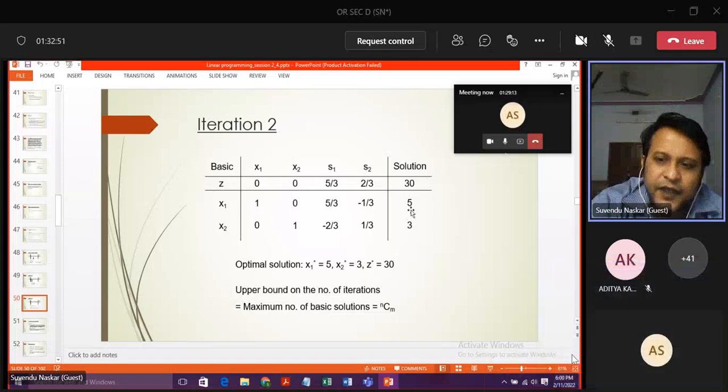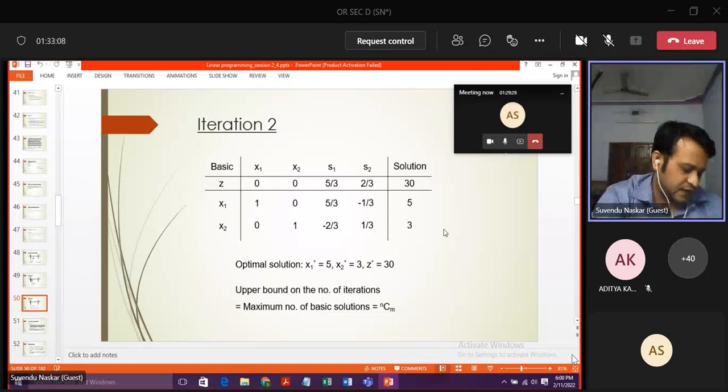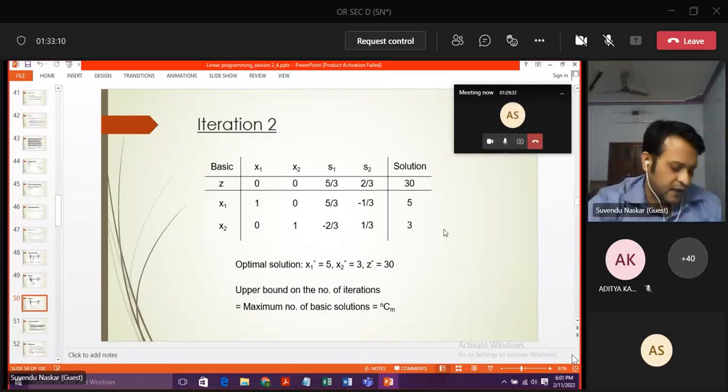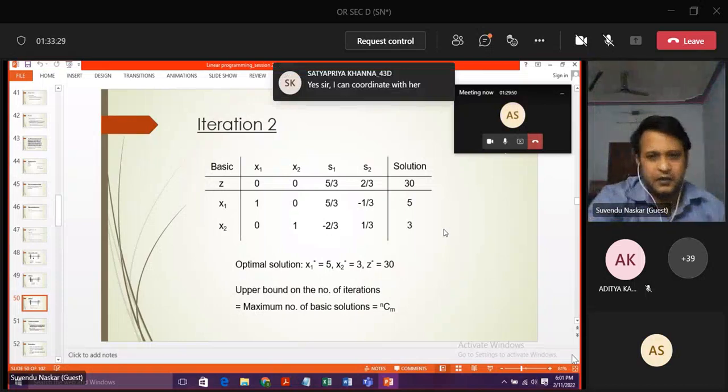Okay, if anybody has any doubt, Satya, can you just ping me on WhatsApp or something, or are you fine if I send any documents to Section C, Ashmi, right? Section C CR. Satya, are you still there? Satyapriya, are you there?